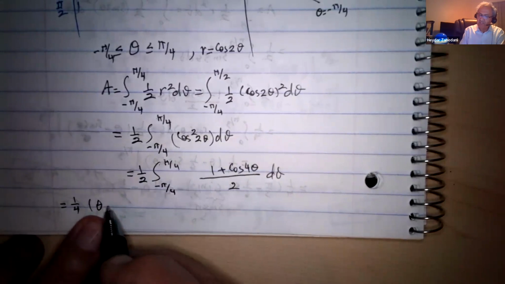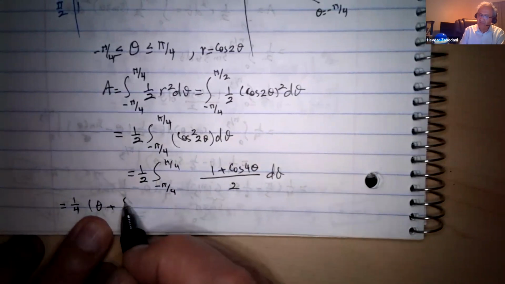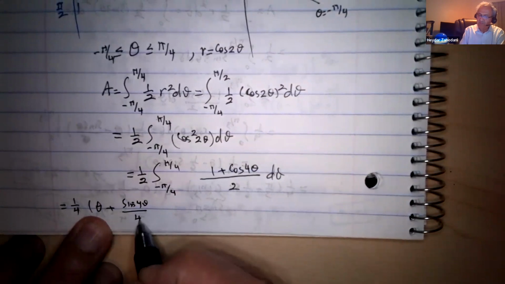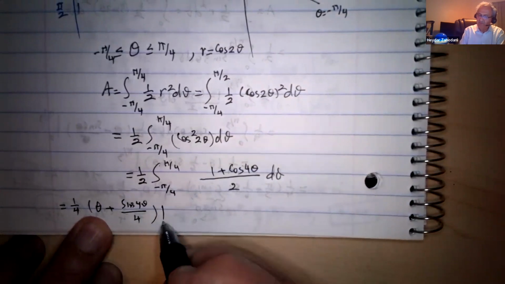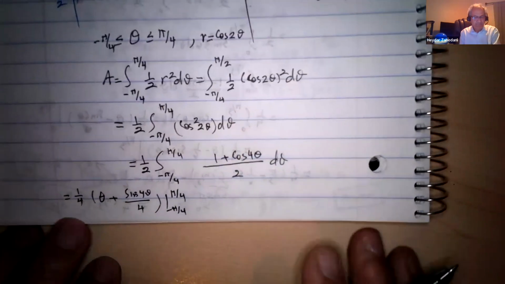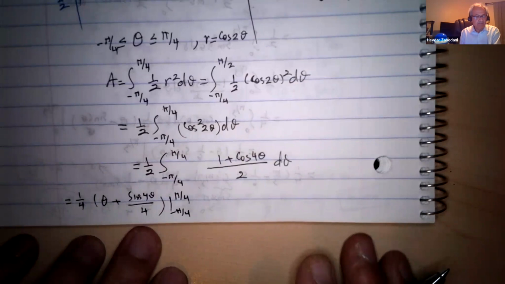Integral of a cosine is sine, but divided by 4. The sine of 4 theta divided by 4 to be evaluated from negative pi/4 to pi/4. Okay, so this is going to be the case.